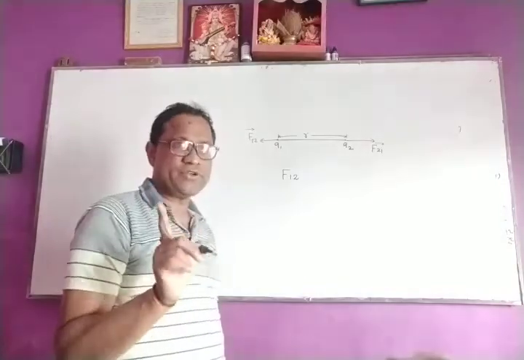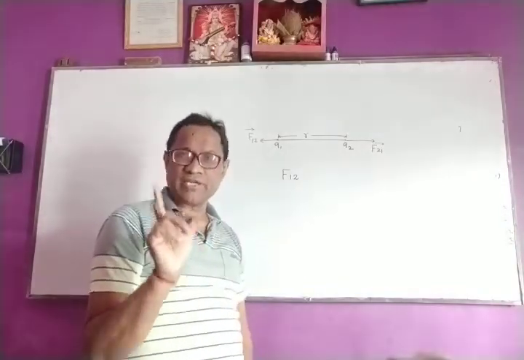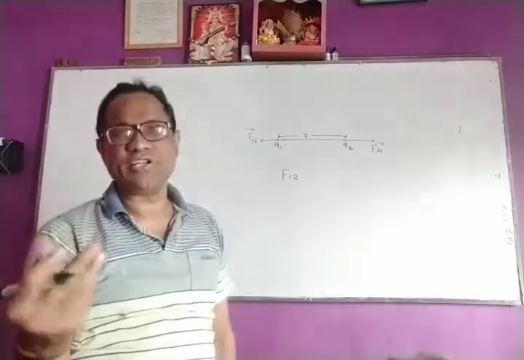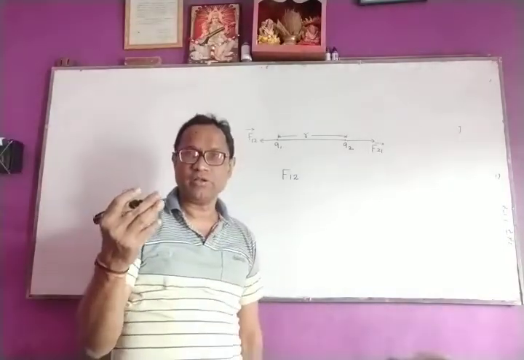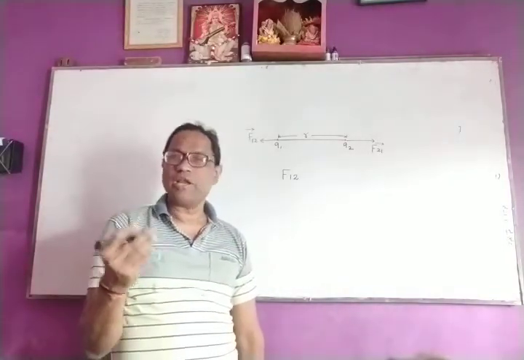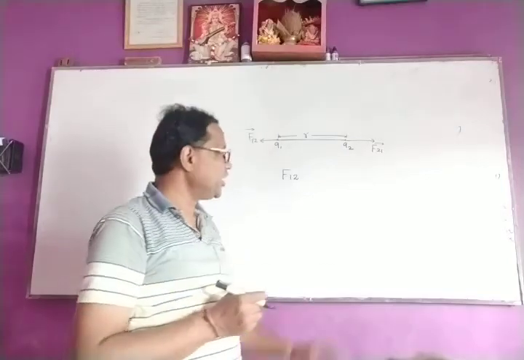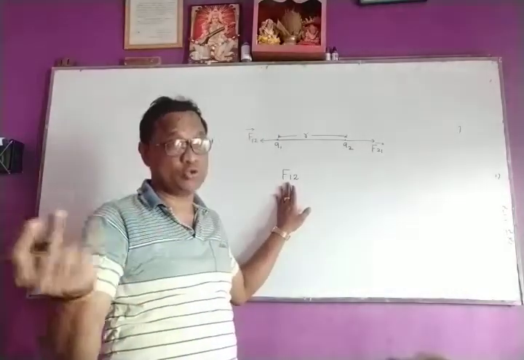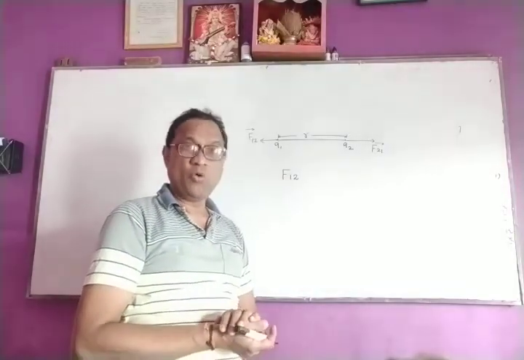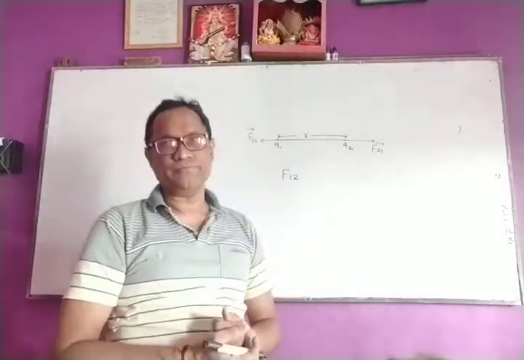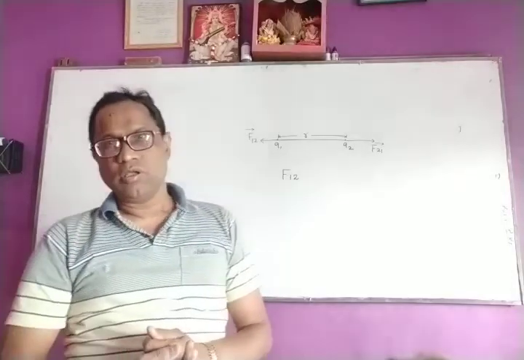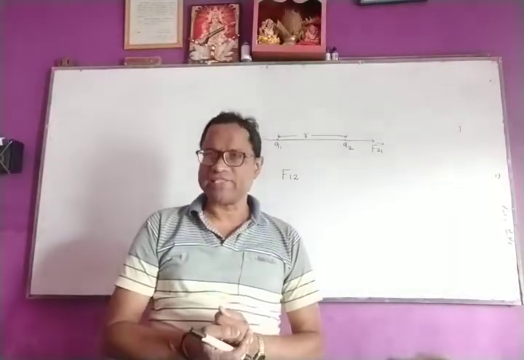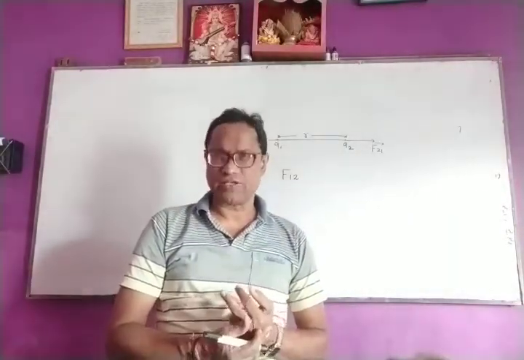So the first digit represents the actual body and the other digit represents the referred body, referred particles. So F12 means force on Q1 due to charge Q2. So we can also understand two different charges, source charge and test charge.